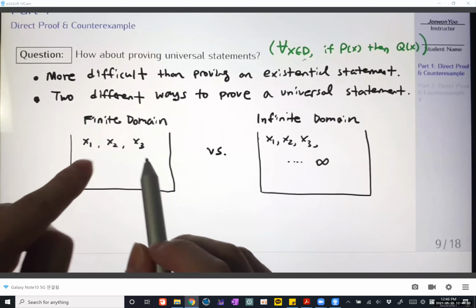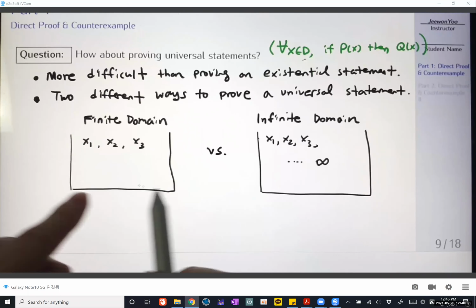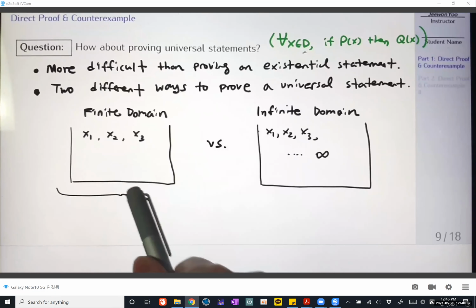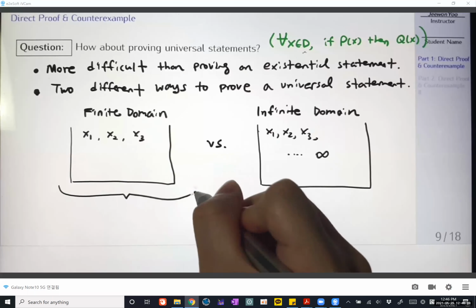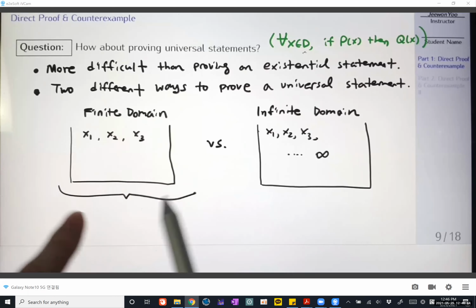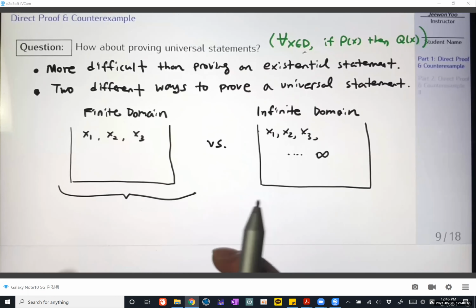I have a special name for this finite domain proof for a universal statement. According to the textbook, when you're working with a finite domain, it's called the method of exhaustion.